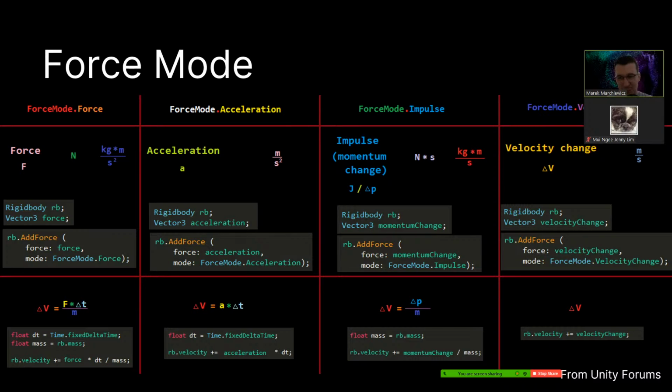Something that's not really recommended, but if you're an experienced user, you can manually modify the velocity of your rigid body. As I mentioned before, when you add force to your objects, you do this with one of the 4 modes. Okay, so when you add force, the mode can be force, acceleration, impulse, or velocity change.